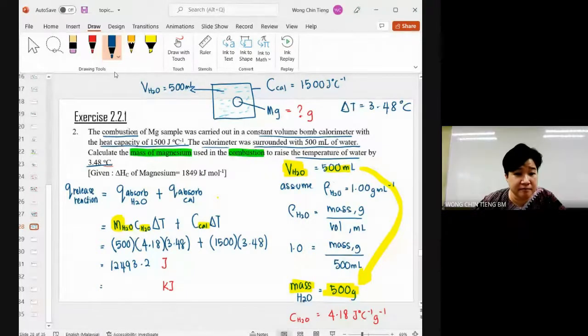Setuju yang lain? Alright. I love to change it to kilojoule straight away because it will give you a smaller value later on.